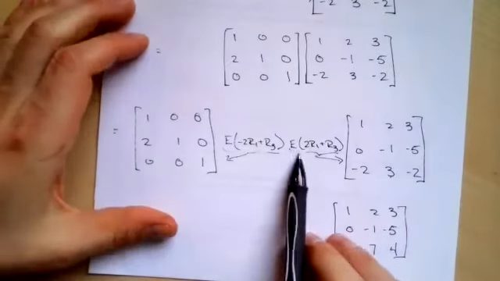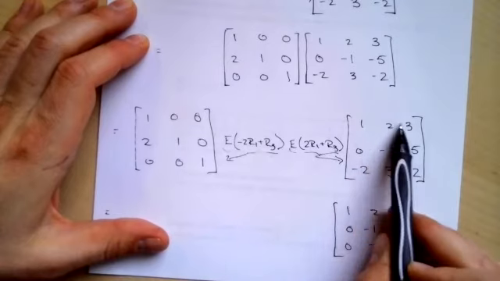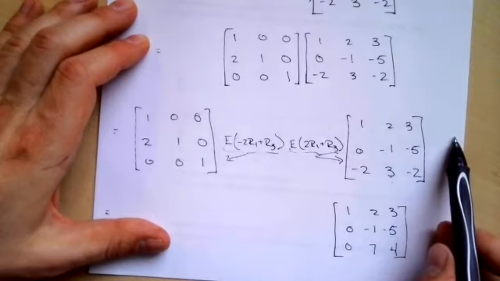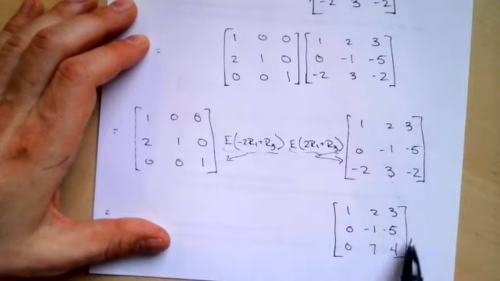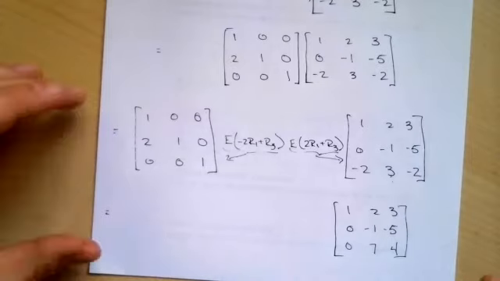So when we do 2 times row 1, we will have 2 times that. 2 times 2 is 4, plus 3 is 7. 2 times 3 is 6, plus 2 is 4. What did I do in my notes? Is that where I did it wrong? Minus 5. Nope. I think that's right. Anyone see any mistakes?